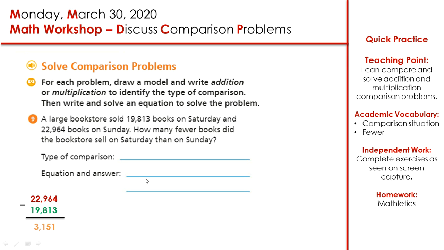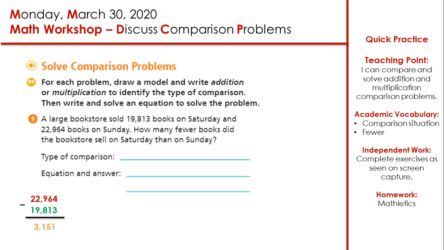So even though you get the number, you're supposed to explicitly state the answer in a written, long answer. For each problem, draw a model and write addition or multiplication to identify the type of comparison. Then write and solve an equation to solve the problem.